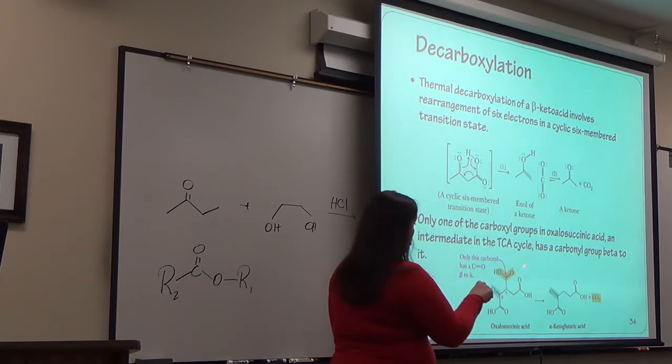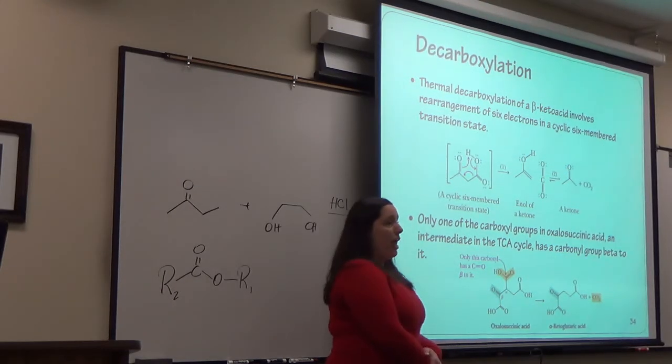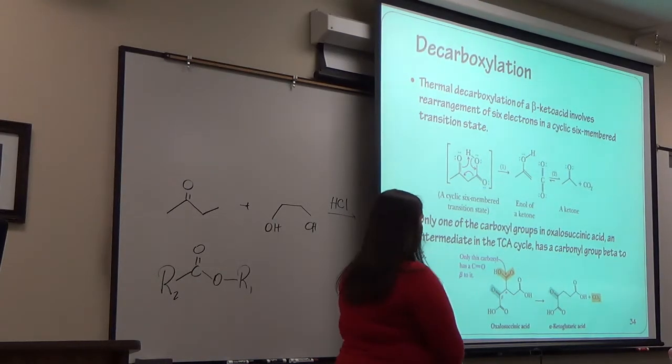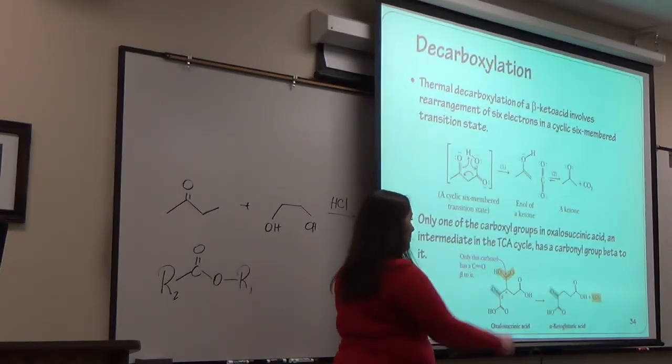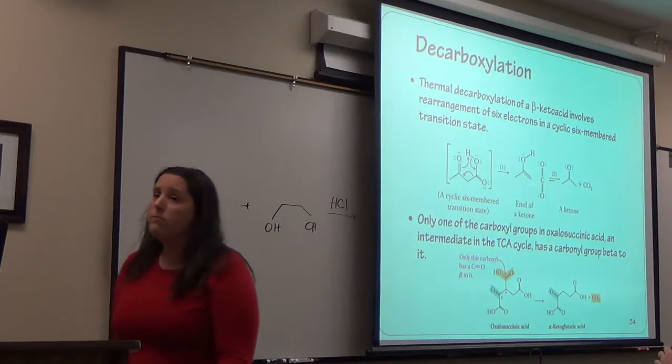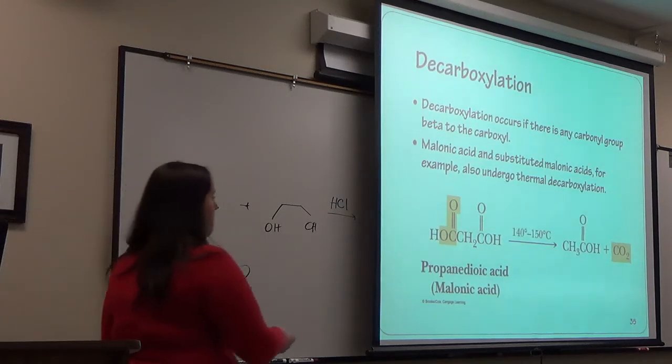This is one of the decarboxylation reactions in the citric acid cycle, and it makes alpha ketobutyric acid. So that's the thermal decarboxylation, and it happens anywhere that there's that beta position.